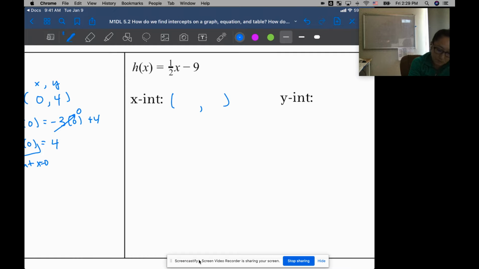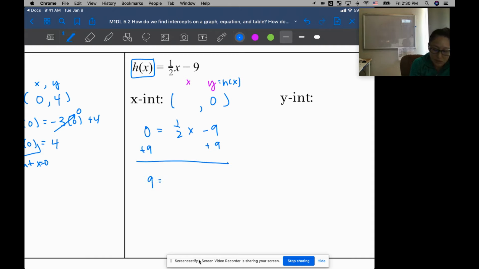Okay, this time we have our y is going to be 0 to find our x-intercept. Remember, y is just h of x. So I get 0 is equal to 1/2 x minus 9. So I add 9. So 9 is equal to 1/2 x.